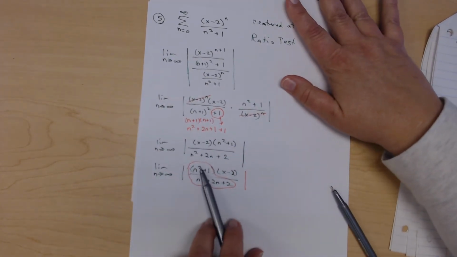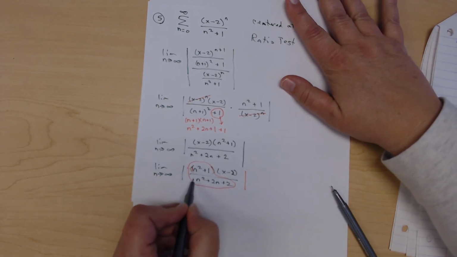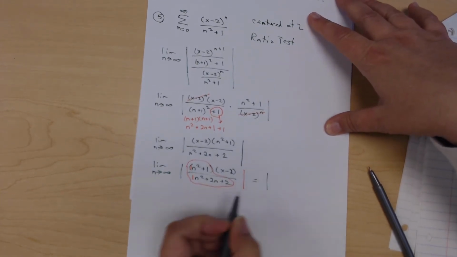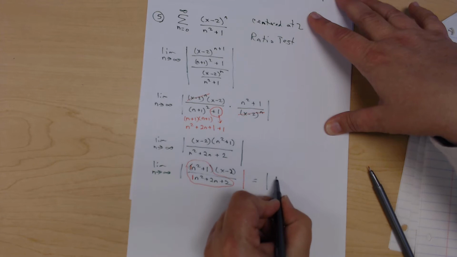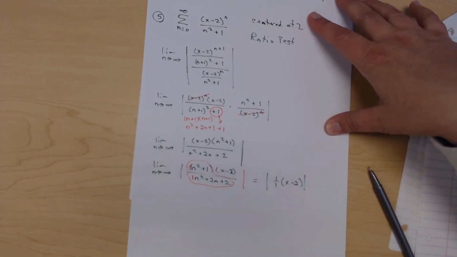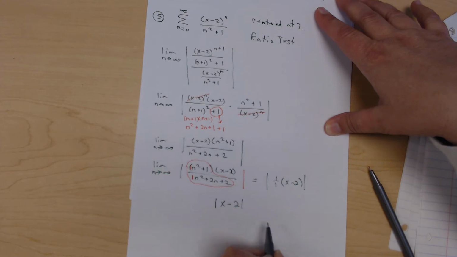Both are n squared, so it's the lead coefficient, 1 over 1. So that's equal to the absolute value of 1 over 1 times x minus 2. We don't really care about the 1 over 1, so we've got the absolute value of x minus 2.